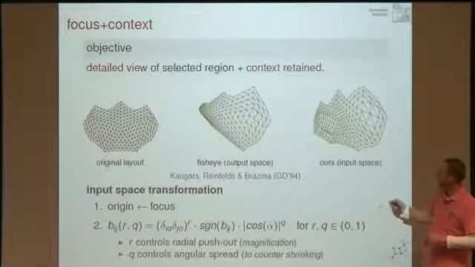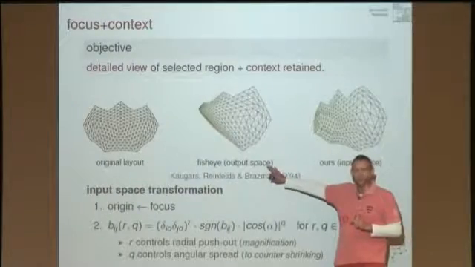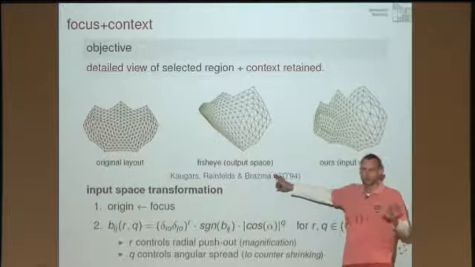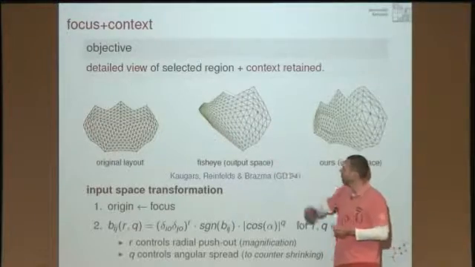In comparison to previous methods, for example, for fisheye views of graphs, which are very typical, this is an input space method. We're changing the data that is input into the algorithm rather than what is usually done, an output space method, where the distortion that the method introduces is already there, and then it is additionally distorted. Right? So one thing to notice about this particular fisheye method is that the context is fairly narrow, because we're enlarging some area and the rest shrinks.